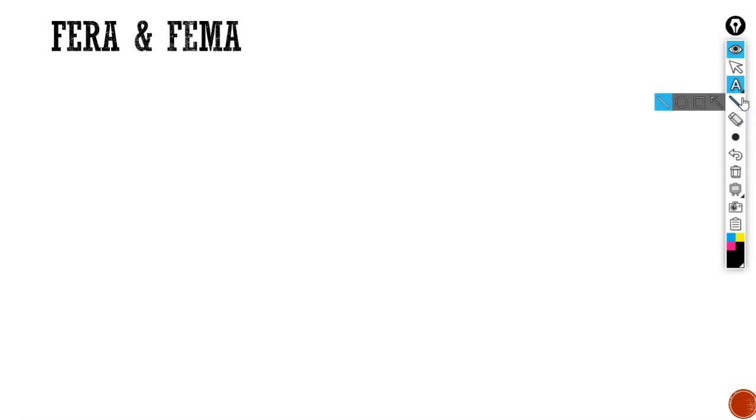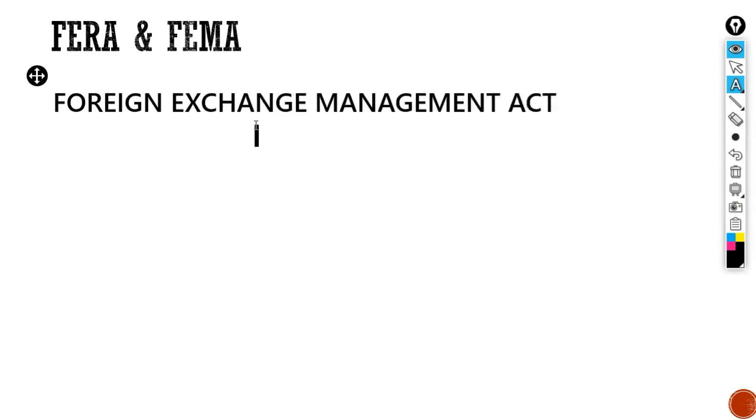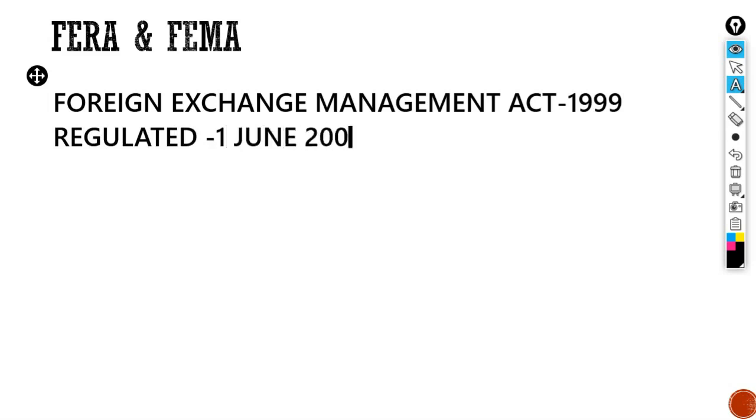FEMA basically stands for Foreign Exchange Management Act. Again, this was passed in the year 1999 and came into regulation. So it was enforced on 1st June 2000.